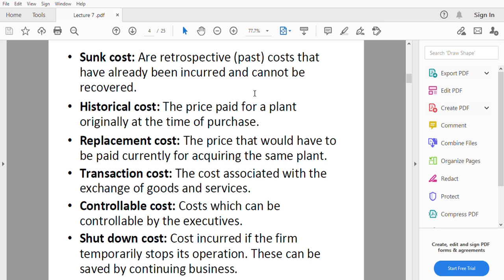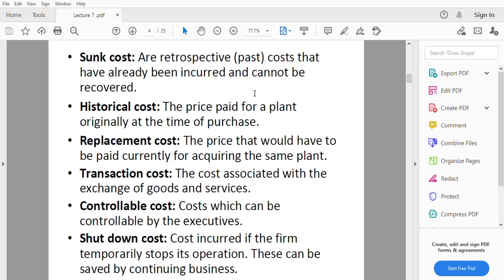If you are to change your CD to dollar and you are losing some amount, all that is included in the transaction cost. Then we have controllable cost. Controllable costs are costs which can be controlled by the executive. So it's controllable by the executives. That is controllable cost.